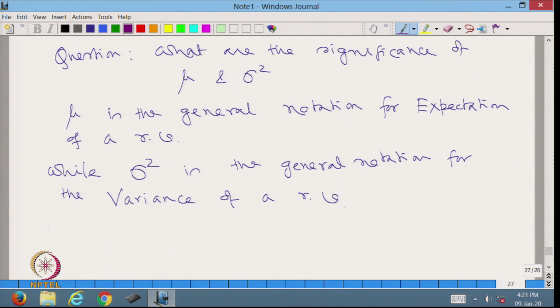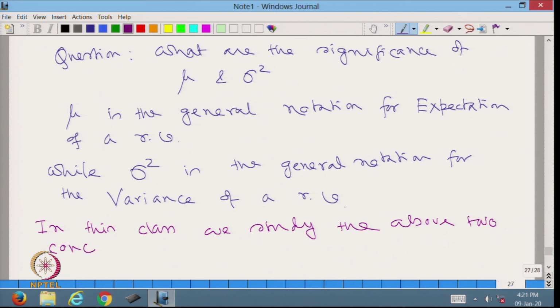In this class, we shall study the above two concepts in detail.